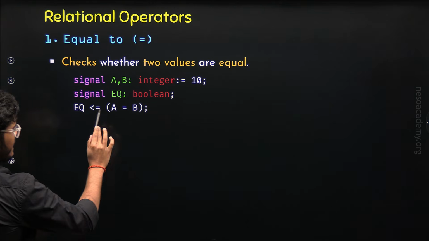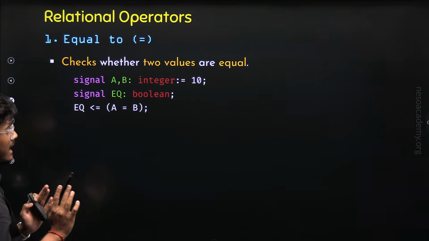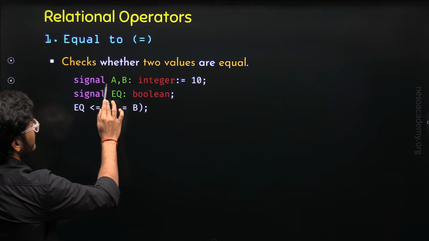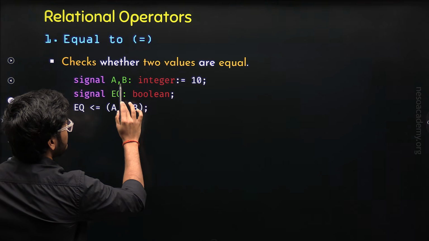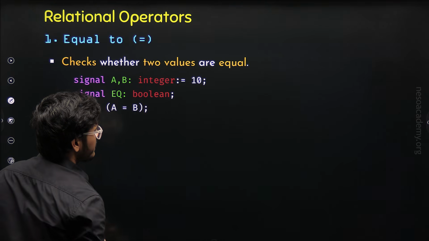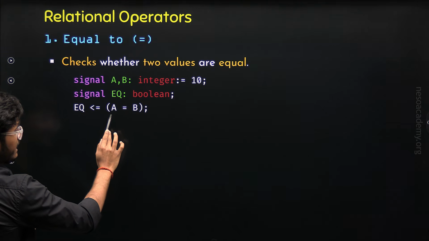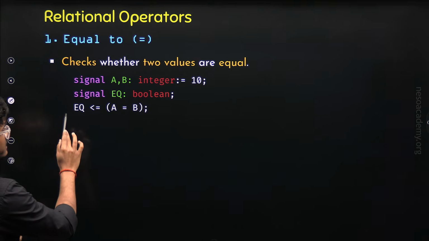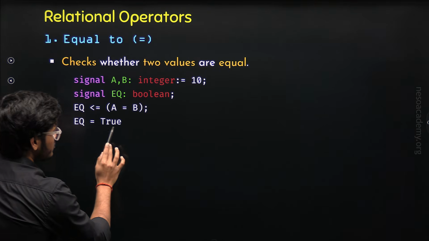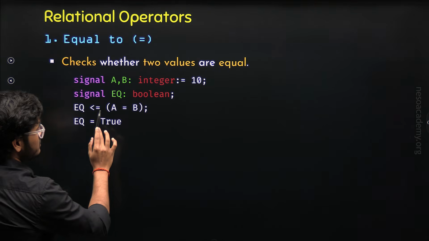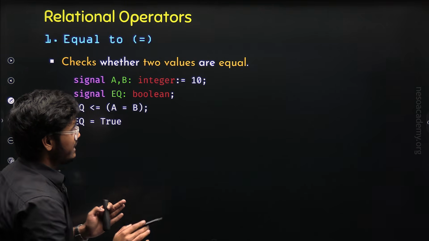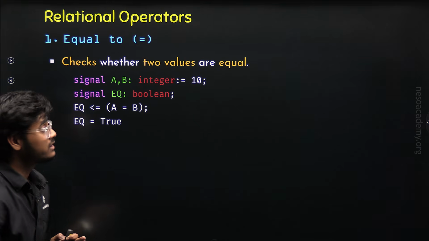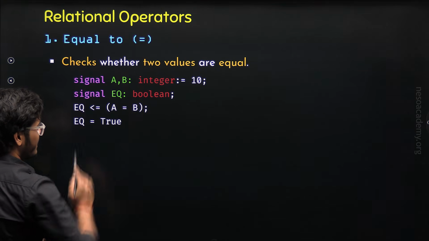Here I am writing A equal to B. That is, I am comparing signal A with signal B. Now signal A is equal to 10 and signal B is also equal to 10. Therefore, I will assign A equal to B inside this signal EQ, and this signal EQ will return true value because both A and B are equal to 10. So I hope you understand how to use this equal to operator.